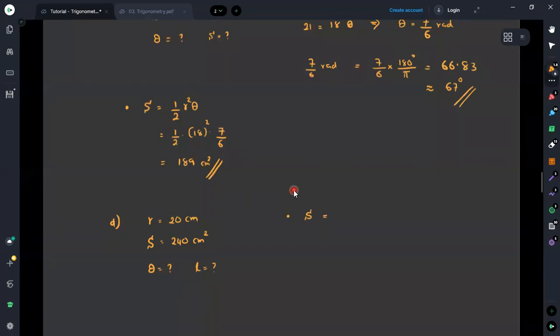It is given as S equals half times r squared times theta. The value of S is 240, so it is equal to half times 20 squared times theta. If you perform the calculation to obtain theta, you have to solve it as 240 multiplied by 2 divided by 20 squared. This leads to the value of theta in radian measure.